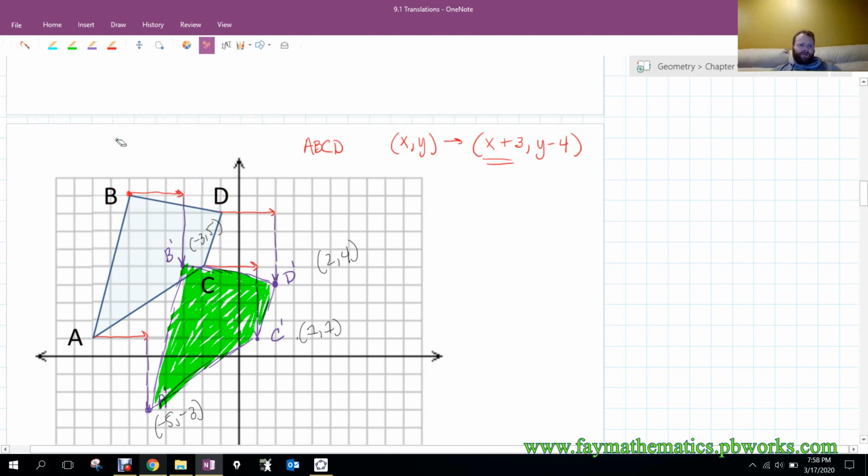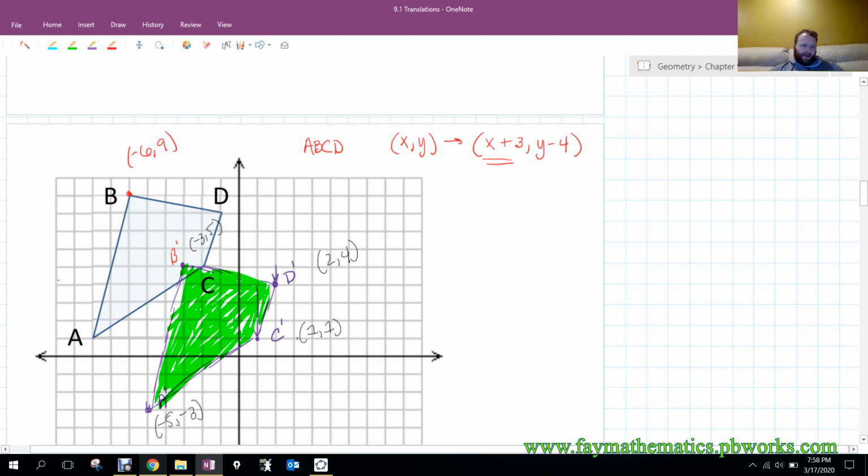But let's go back to looking just briefly. Let me clean this up a little bit. Remember, this was B prime. If I look at the original B, it's located at -6, 9.